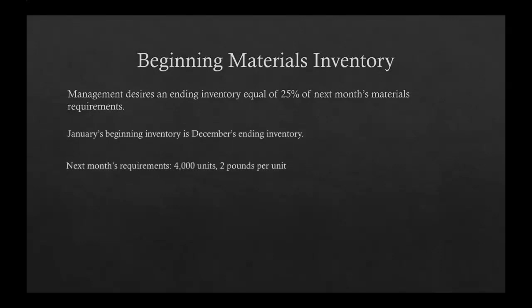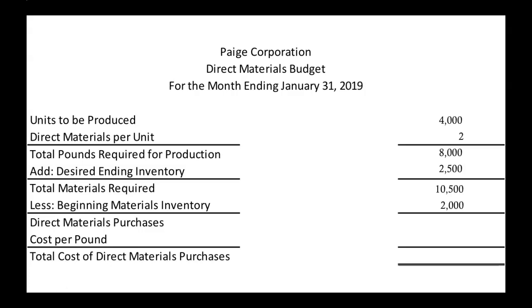Well, if you're in December, next month is January, right? So next month's requirements were those 8,000 pounds that we found already in our budget. So the desired ending for December was 2,000. So if that's what December ended with, that's also going to be what January begins with. So we can put that 2,000 into our beginning materials inventory.